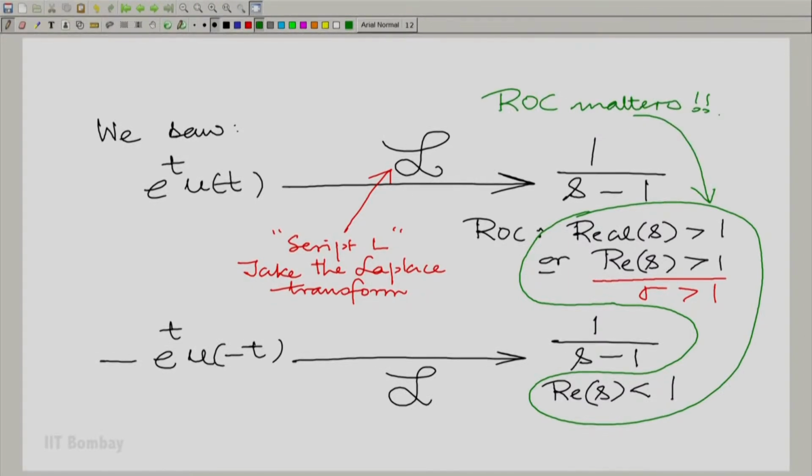You had the same expression 1 by s minus 1, but with the two different regions of convergence, you are essentially talking about two different signals. Of course, I do agree that the two signals are in some sense derivatives of the same waveform. They are really derived from one exponential, but there is one right-sided exponential and one left-sided exponential. One exponential whose domain is on the right side of 0, and the other whose domain is on the left side of 0. They are fundamentally different signals.